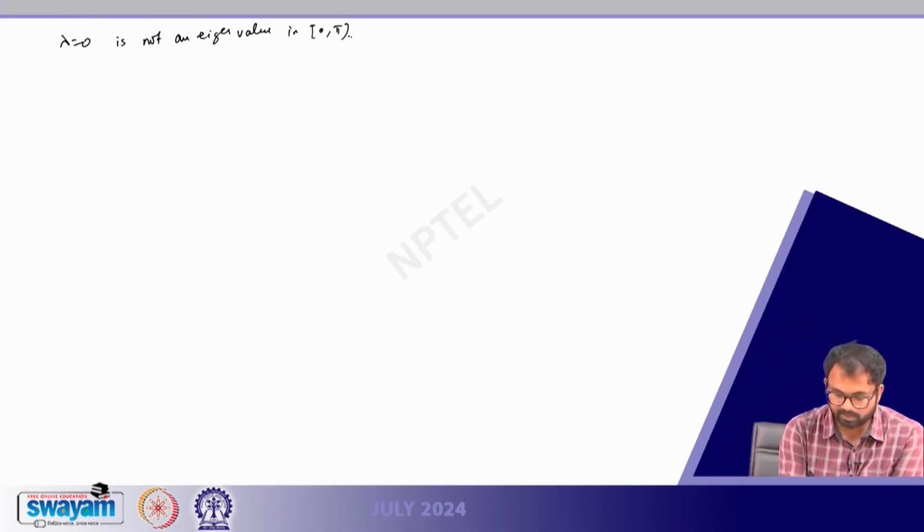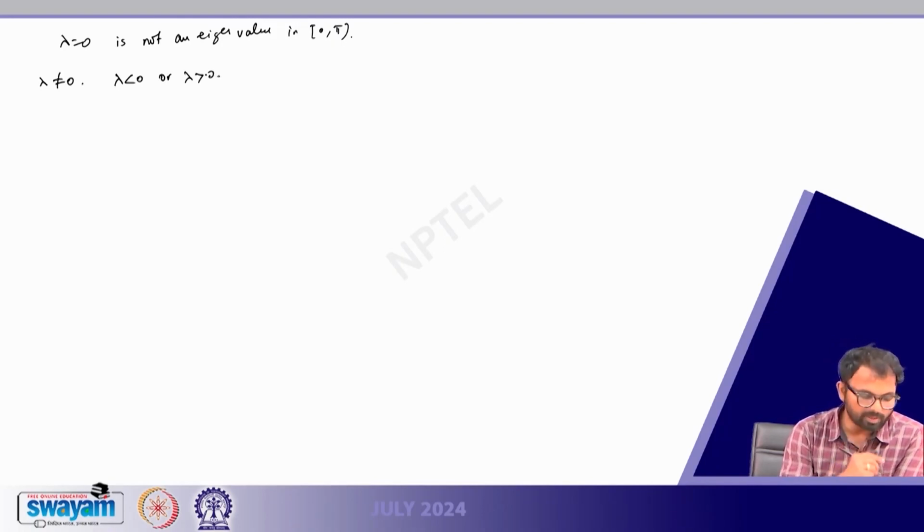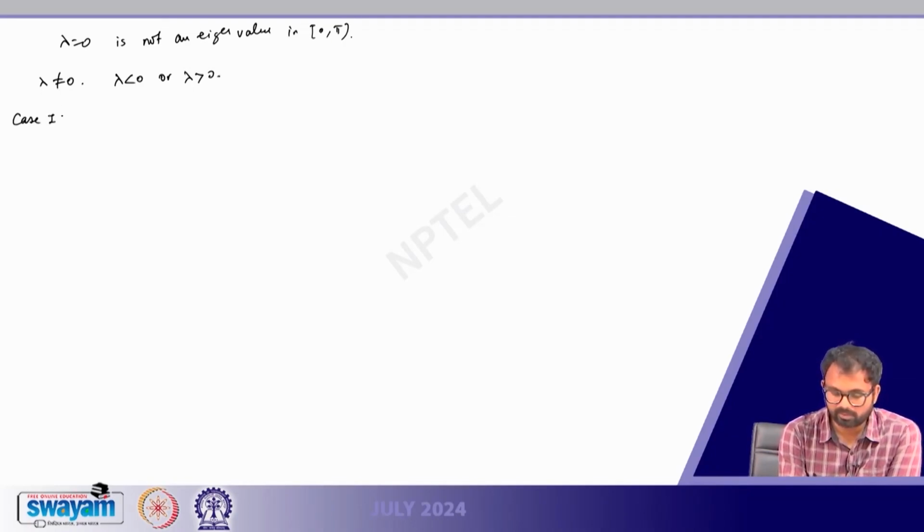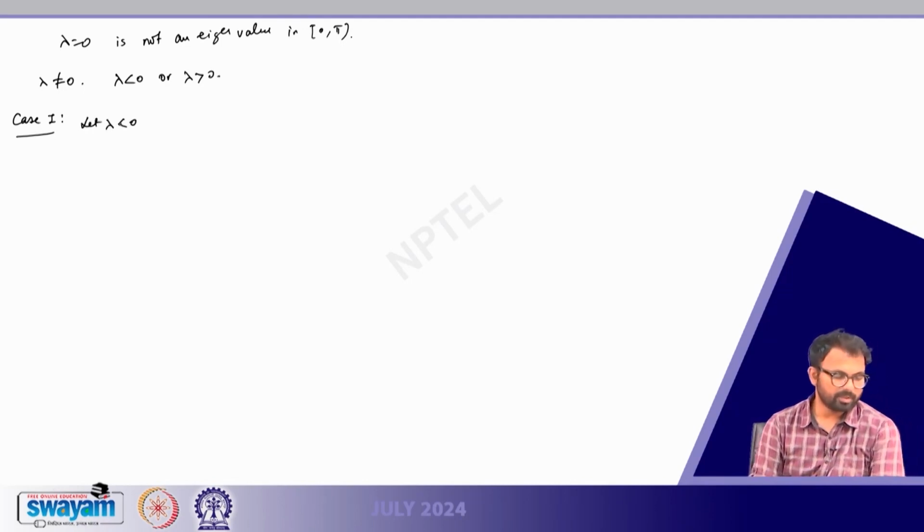Okay, now let us say lambda is non-zero. If lambda is non-zero, then we have to check whether lambda is less than 0 or lambda is greater than 0. So, let us say case 1, lambda is less than 0.